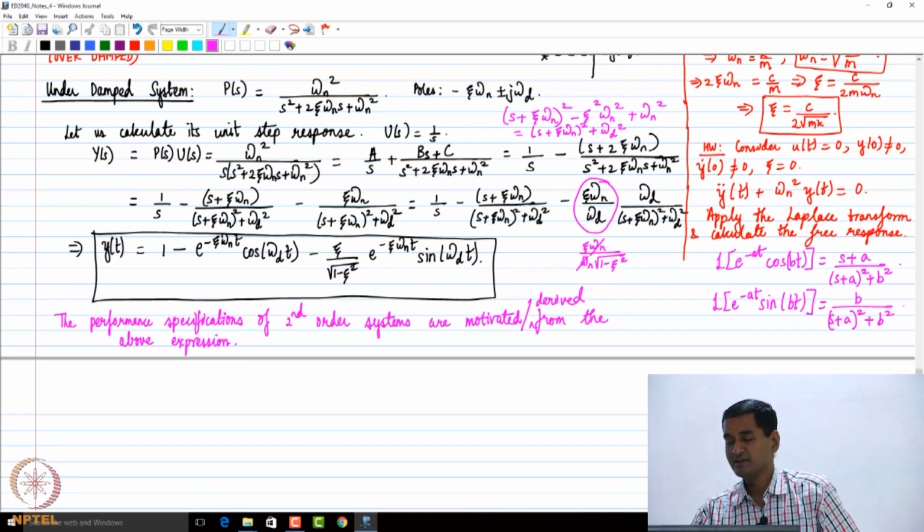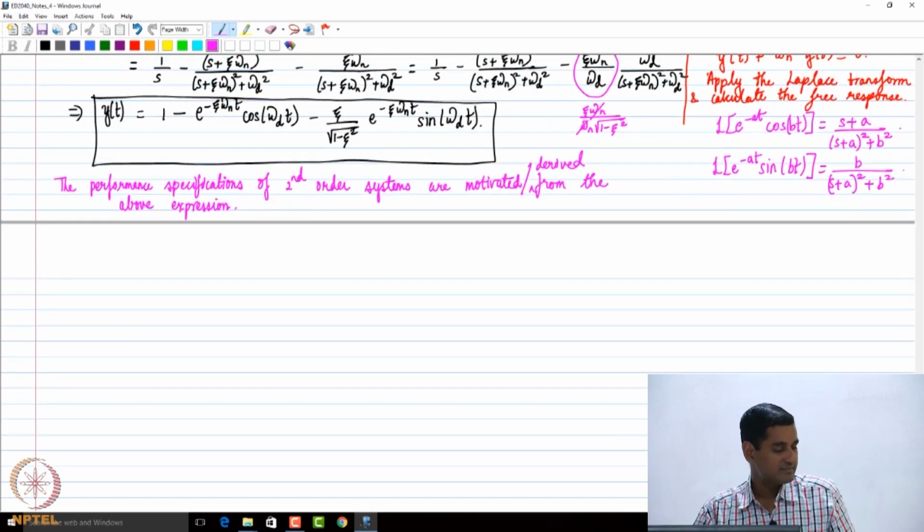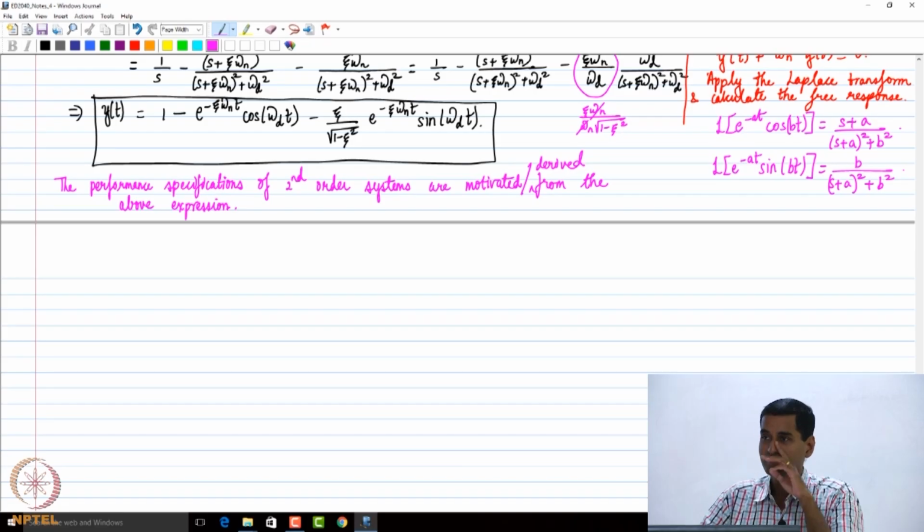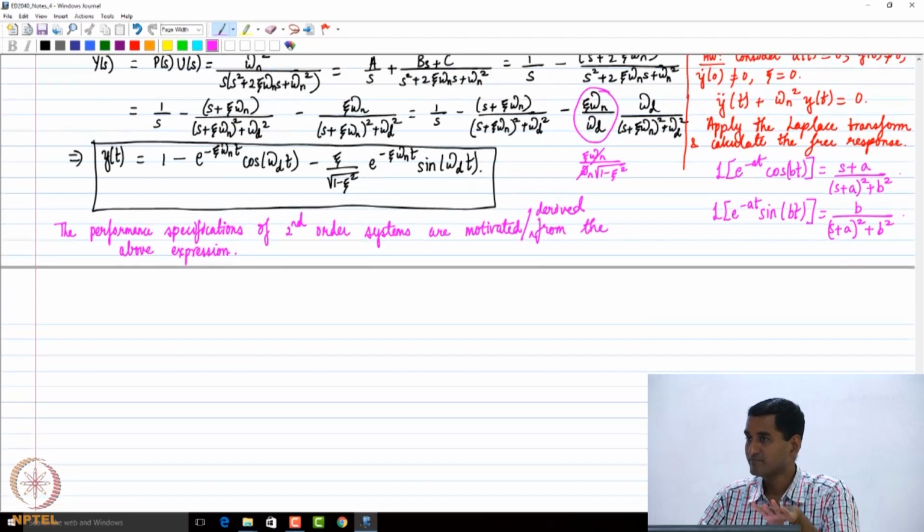Okay, so let's see what these parameters are and how they are calculated and so on. That's something which we are going to see now. Is this clear? I hope things are clear until this point. Any questions?